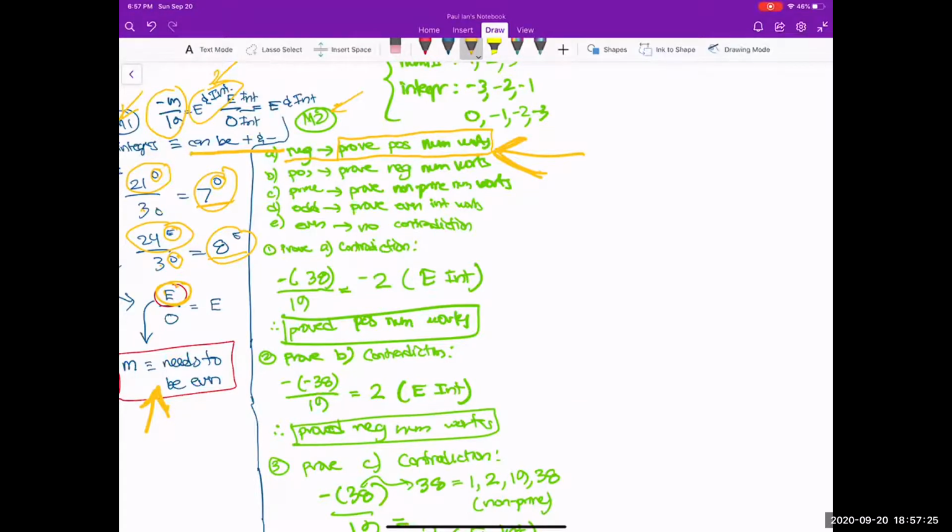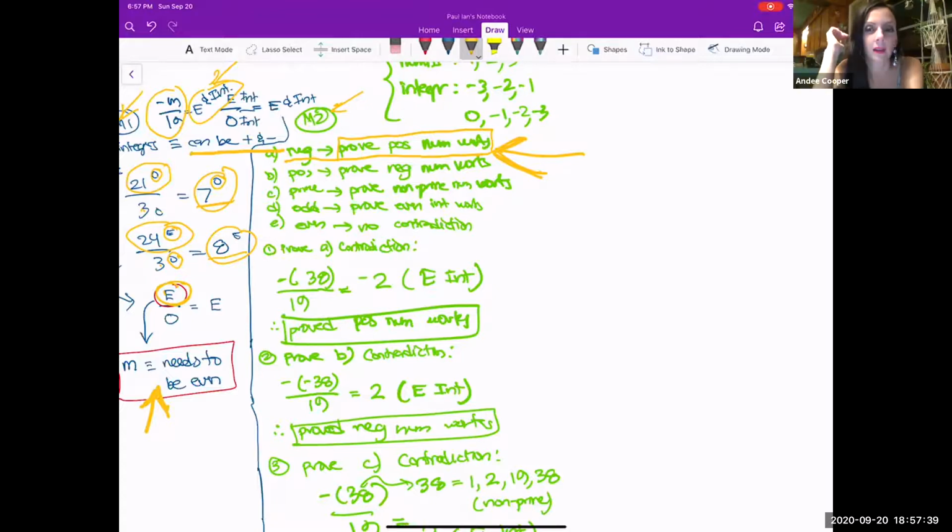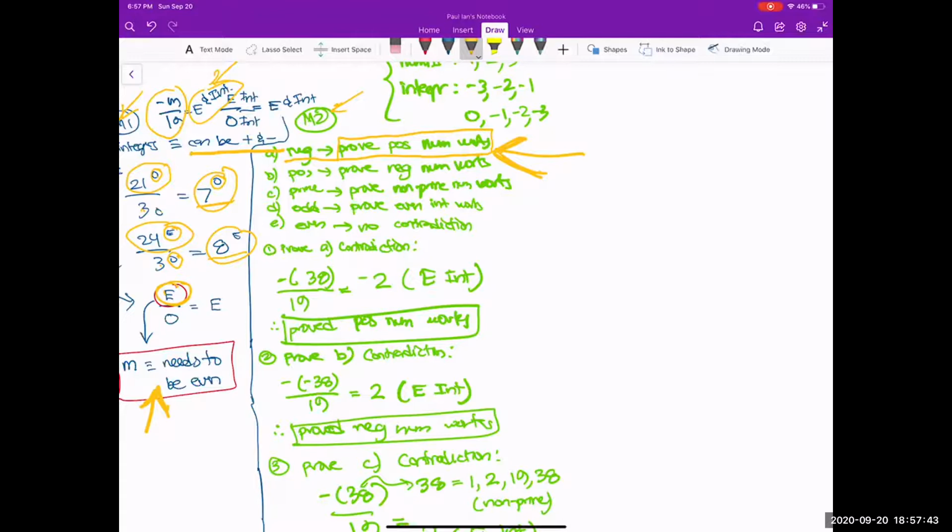If I can prove m is a positive number, then m being a negative number is not good, right? It's going to be false, because it says it must be true all the time, not sometimes.